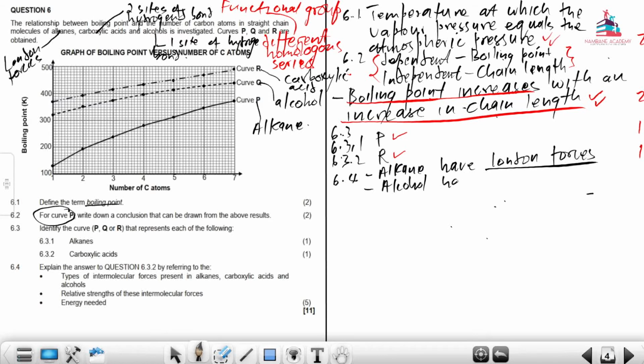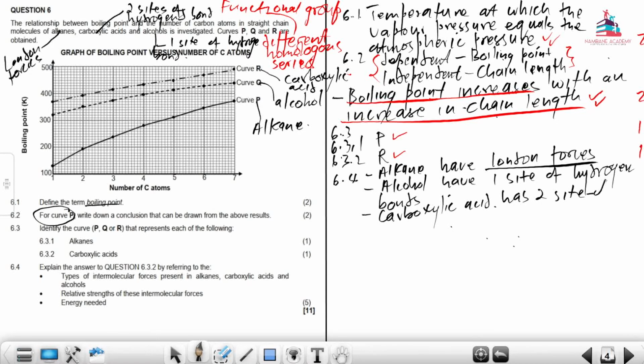Maybe alcohols have 1 side of hydrogen bonds, and then carboxylic acid has 2 sides of hydrogen bonding. Then what is it that is left?